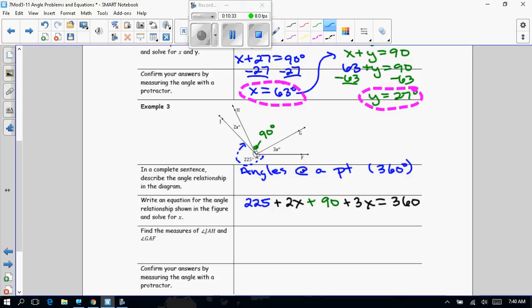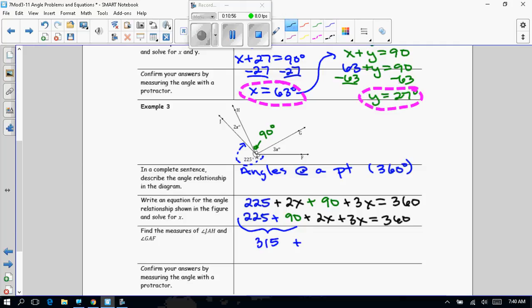Okay, so let's put together everything that we do know. I'm going to have 225 plus my 90 plus the 2x and the 3x, and that all equals 360 degrees. Well, if I add 225 and 90, I'm going to get what? 315.